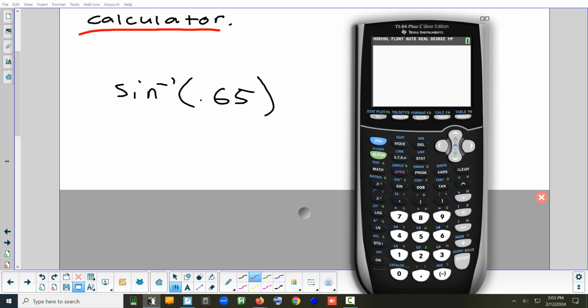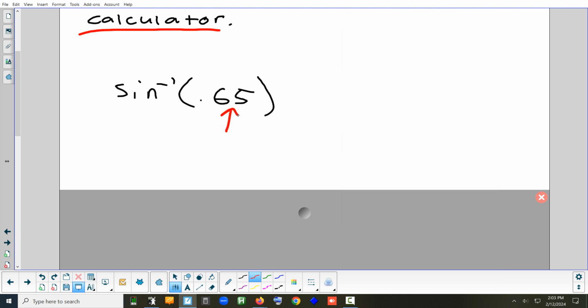What is inverse trig used to help you find? Inverse trig is used to find an angle. So this number right here, that's not a degree or a radian. That number is not an angle at all.